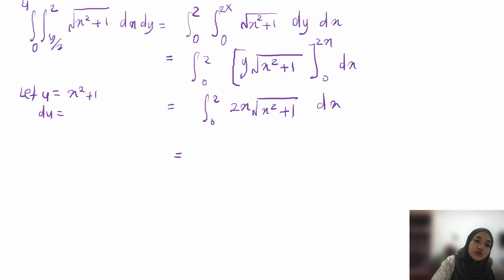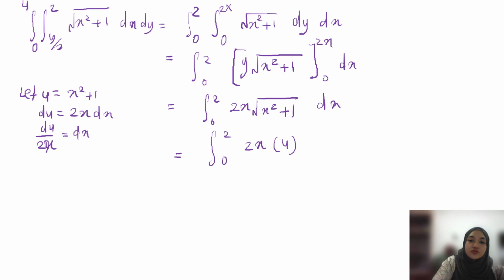So du equals 2x dx, so dx equals du over 2x. Then you substitute this into the integral from 0 until 2, giving u to the power 1 over 2, times du over 2x. So you can simplify this one, and then integrate.